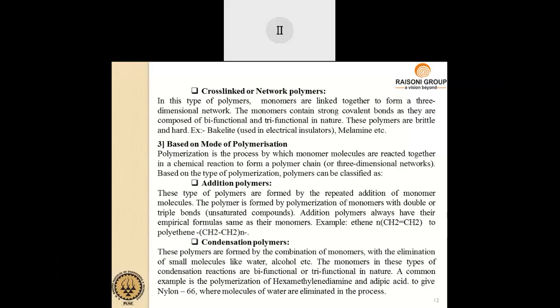Nylon 66 is one type of condensation polymer where molecules of water are eliminated in the polymerization process of hexamethylenediamine and adipic acid. In nylon 66, the water molecules are eliminated.